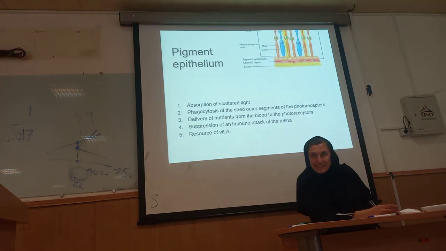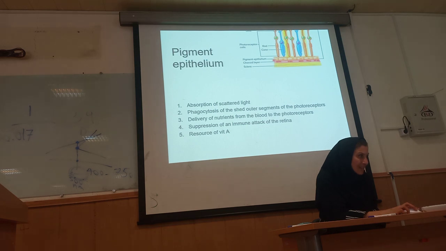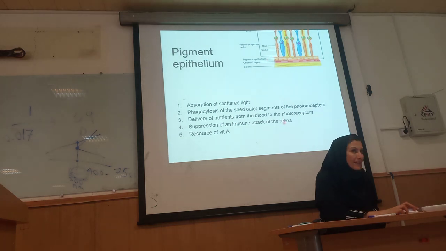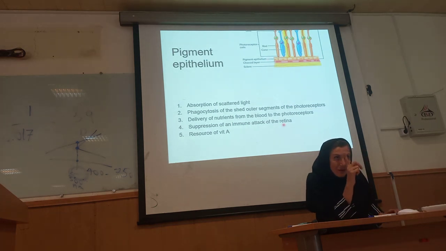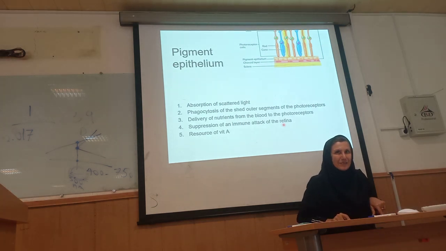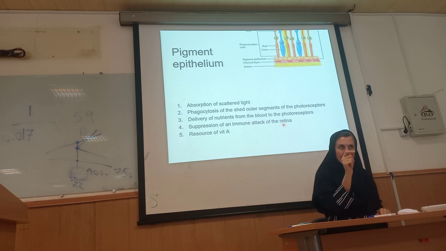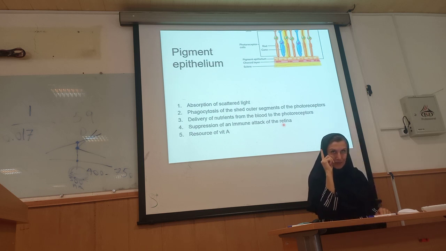And another important thing is that this layer, the pigment epithelium, is a resource of vitamin A. You may have heard about vitamin A for our vision, for better seeing, because each molecule responding to the light needs vitamin A. Each molecule.